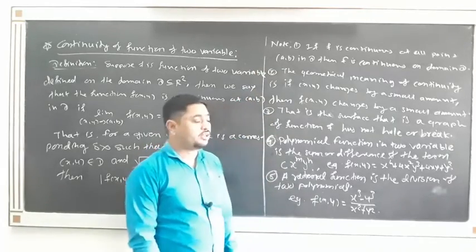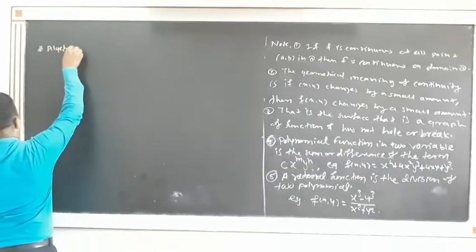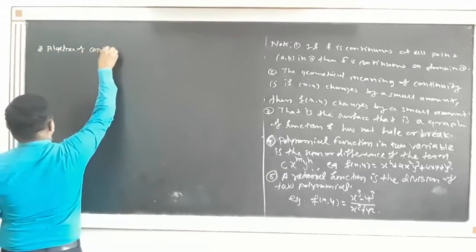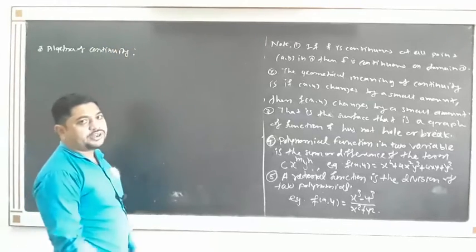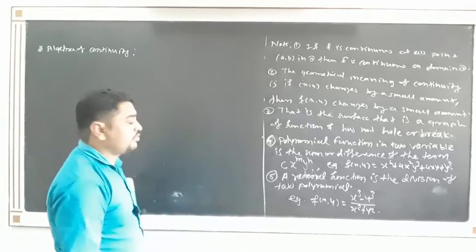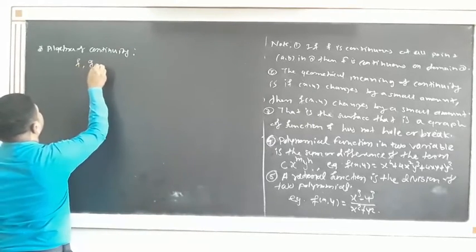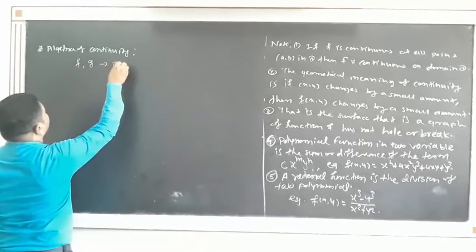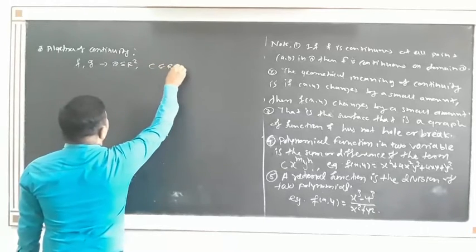Now we have to see some theorems on the algebra of continuity. Yesterday, in the previous lecture, we discussed that f is a function and g is a function defined on the domain D, a subset of R square, and suppose c is any real number.